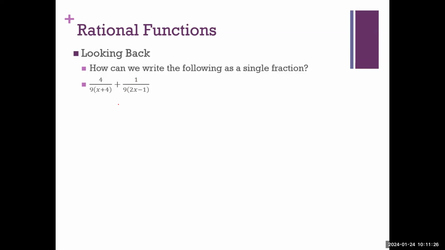Least common denominator. In this case, what is the least common denominator? Do they have anything in common? Right, so they have a 9 in common, but the other factors, the x plus 4 and 2x minus 1, kind of subtle.